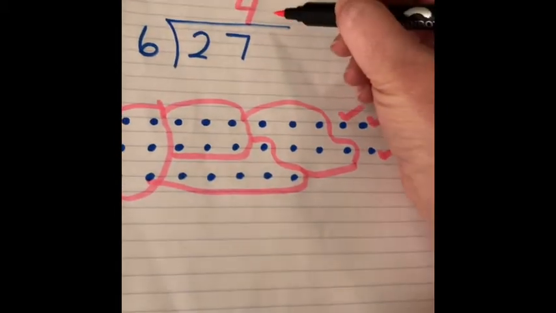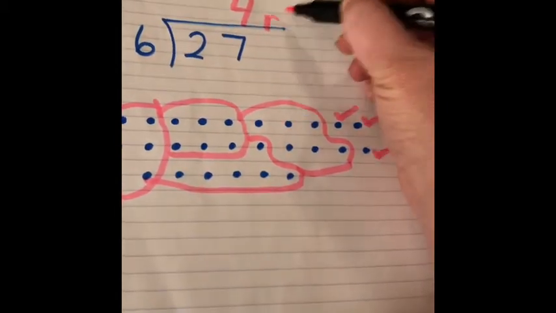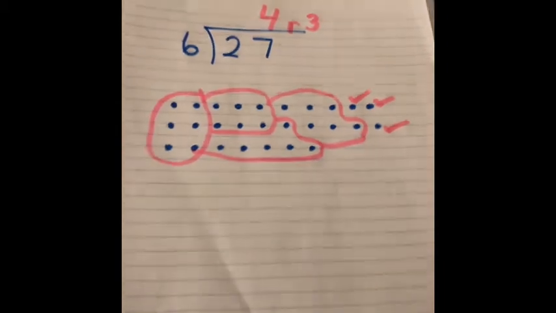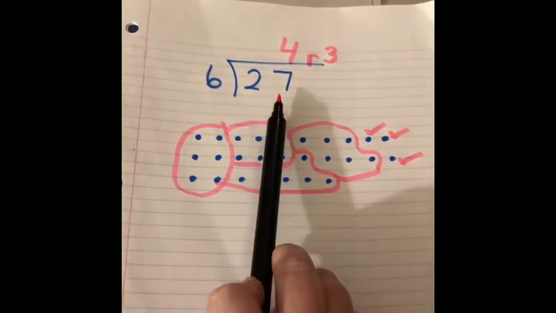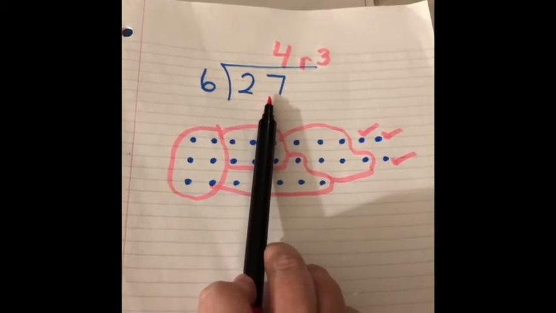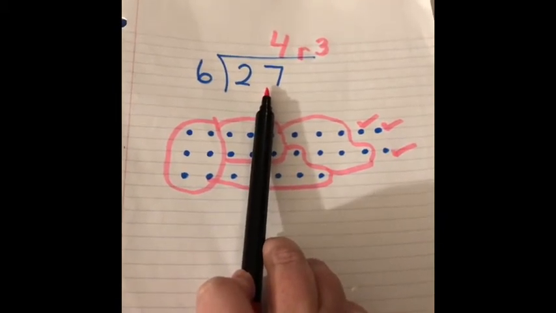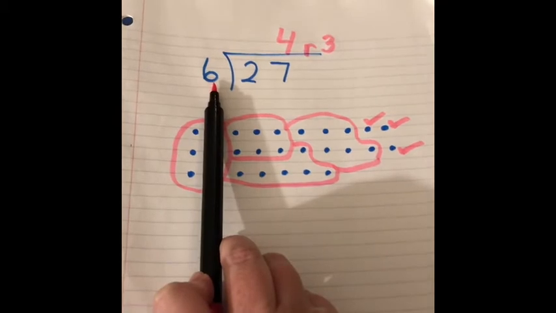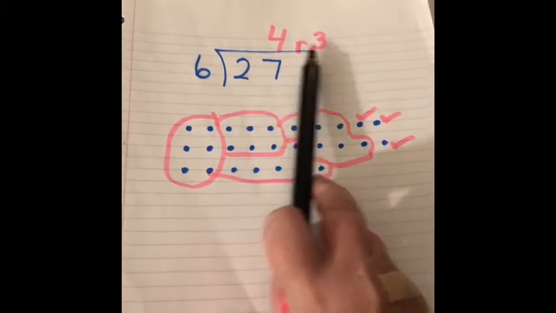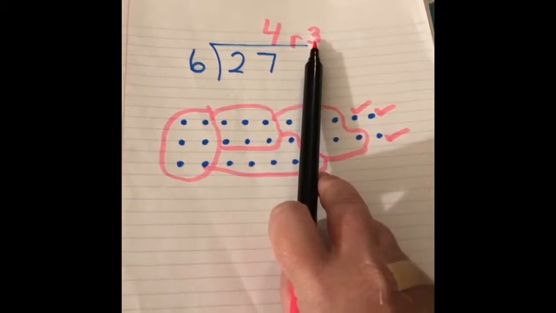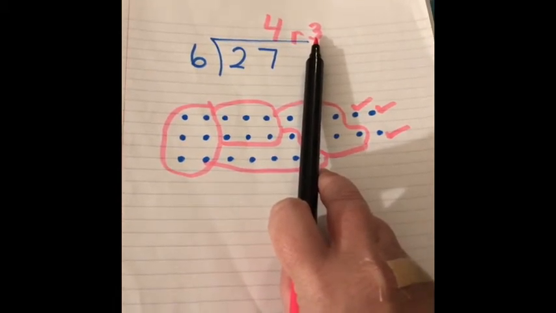And we write that like this: remainder of 3. So let's talk about what this means. If I have 27 cookies and I'm going to put them in boxes of 6, I'm going to need 4 boxes, but then 3 cookies are not going to fit into the boxes.